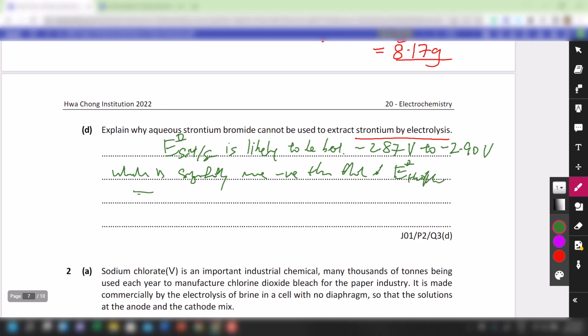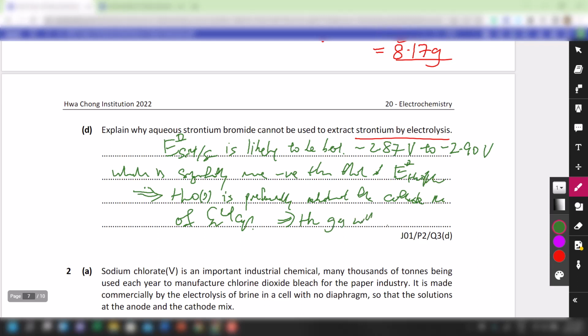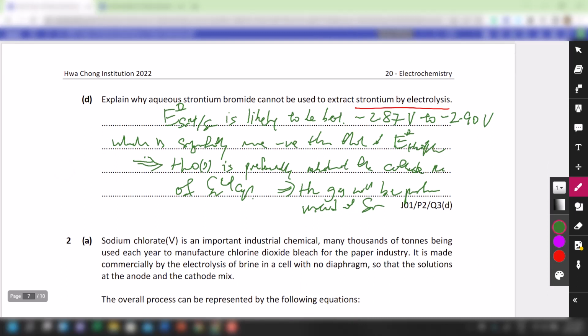Because of that, H2O is preferentially reduced at the cathode instead of strontium 2+. Therefore hydrogen gas will be produced instead of strontium. I hope that is how you should draft your answer.